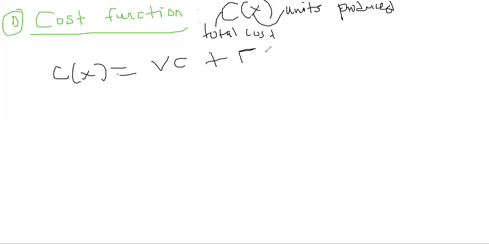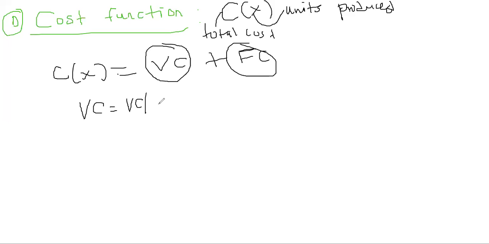Those who have done accounting, especially cost accounting. So how do we calculate? We have to know how to get variable cost, the formula. Variable cost, VC, is variable cost per unit.